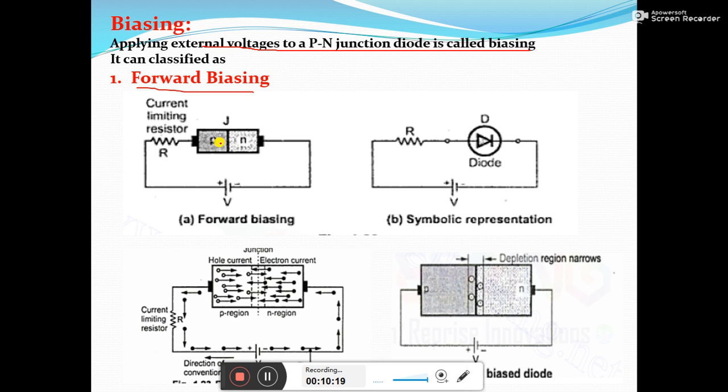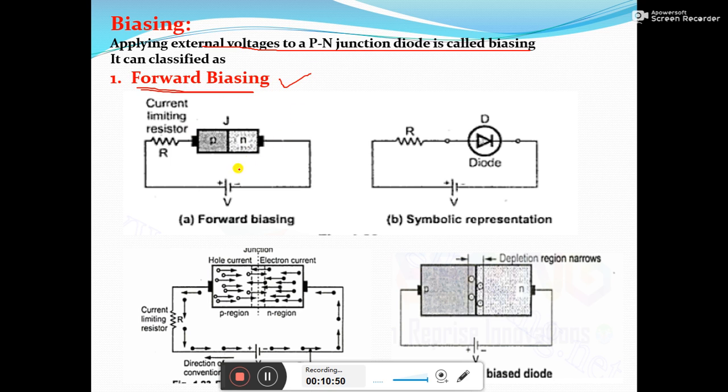If the P type material of the diode is connected to the positive terminal of the source and the N type is connected to the negative terminal of the battery source, then that type of biasing is known as forward biasing, and vice versa. Vice versa in the sense, for reverse biasing, if P type is connected to the negative terminal of the source and N type is connected to the positive terminal of the source, then that can be referred to as reverse bias. So here we shall first see the forward biasing technique.